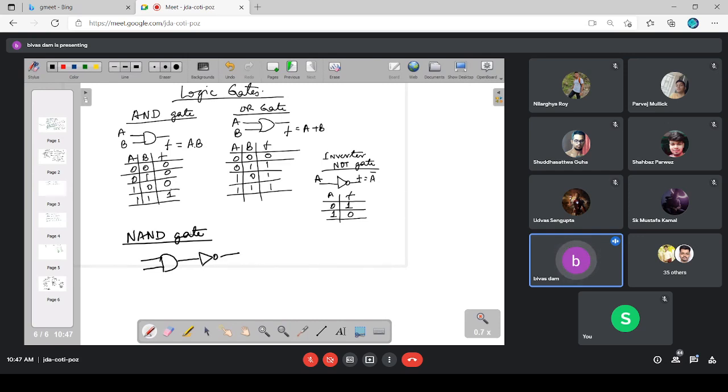Now, as this is a single gate, circuit symbol wise, this part is omitted and the bubble of the inverter shifts to the AND gate output. So that provides the circuit symbol for the NAND gate.